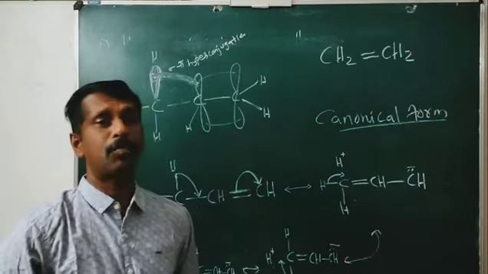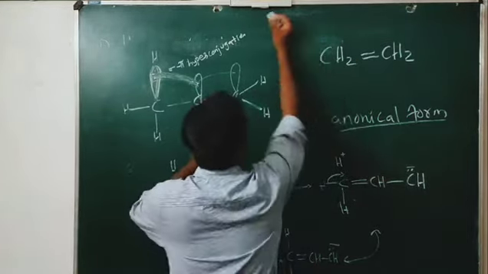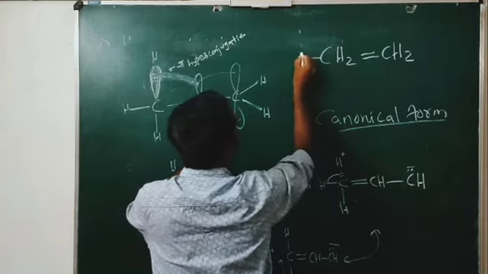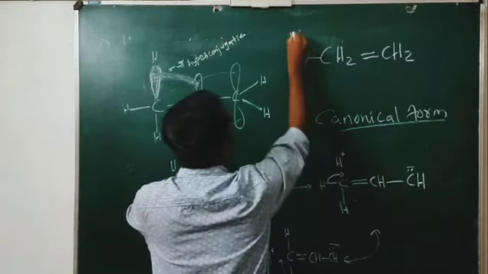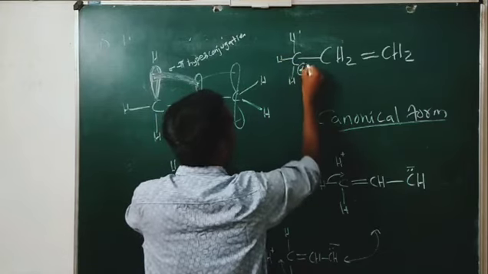For hyperconjugation, what should be there? There is a double bonded carbon, and this double bonded carbon must be attached to another carbon. That carbon must have a hydrogen atom. This carbon is the alpha carbon.